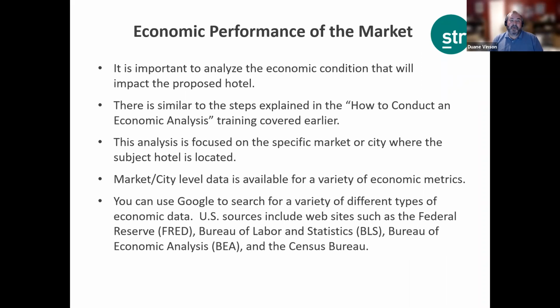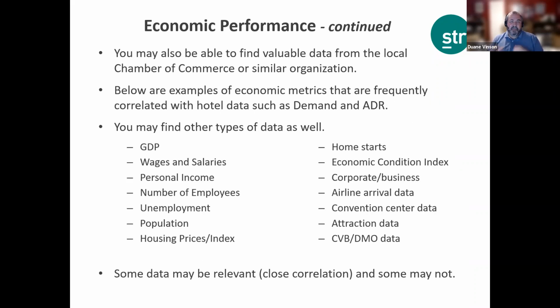This analysis is focused on the specific market or the city where the subject hotel is located. We're looking at market level data, and we talked about some of the resources for some of that economic data last week, specifically here in the United States. And of course, there are comparable agencies and organizations and entities around the world that would typically have that type of information.